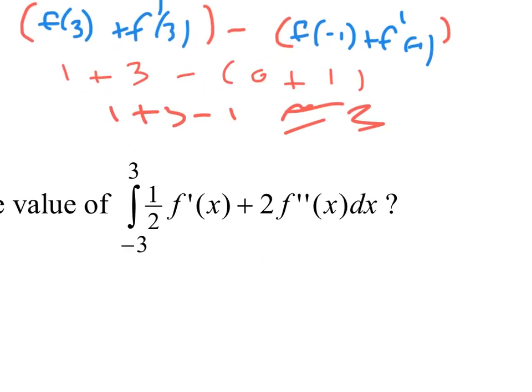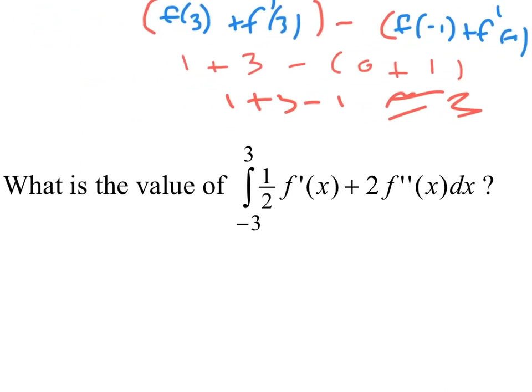Now, I'm going to show you another property that may make your work easier. You don't have to do this. You can actually break this into 2 separate integrals if you want. Some people don't want to be plugging in so much at one time, so they break it into 2.